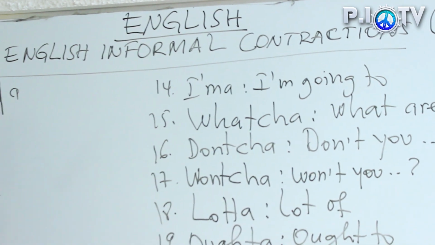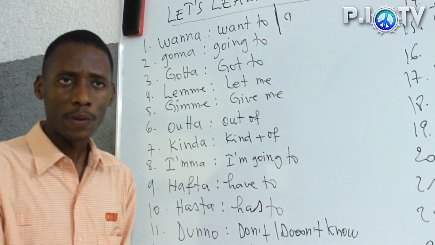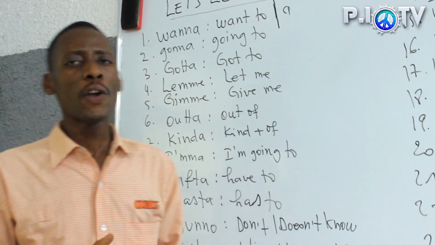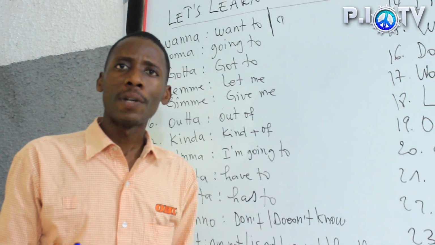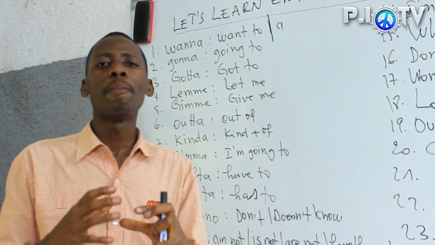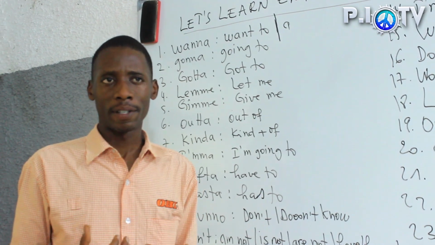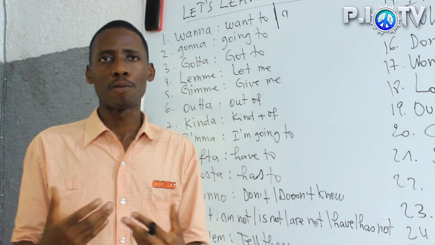If you make something short, you make it not the way it should be. The purpose of this lesson is to reveal the secrets of how to become accustomed to how native English speakers speak.